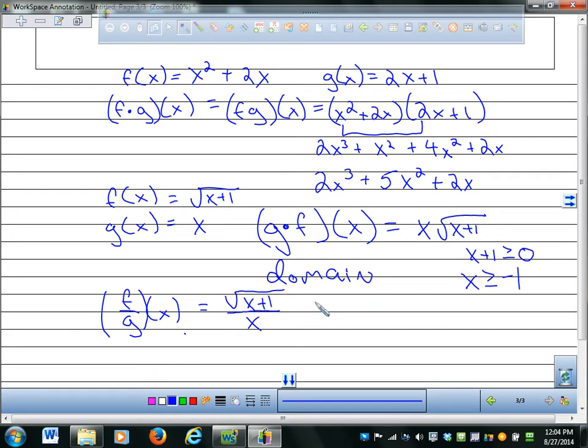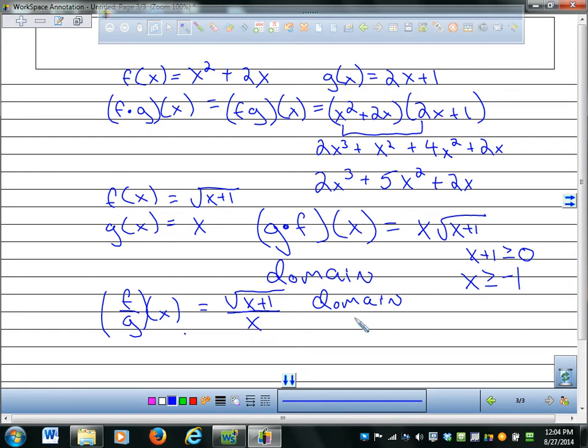Okay, so in this case, it's trickier because first you have to find the domain of f of x, and then you have to find the domain of g of x. Well, the domain of g of x is all real numbers, but when I put it down here, 0 is going to make that function undefined, right?